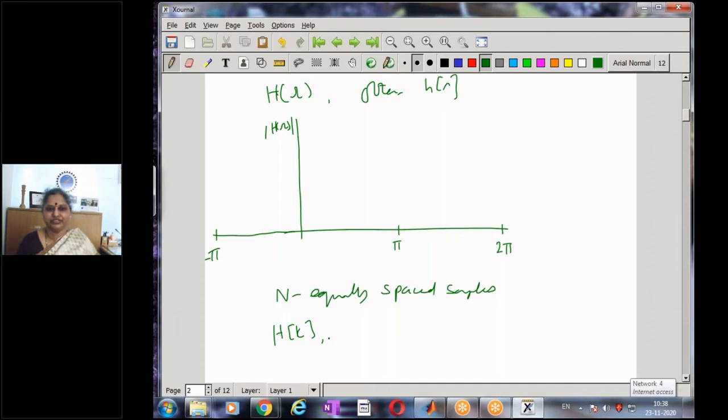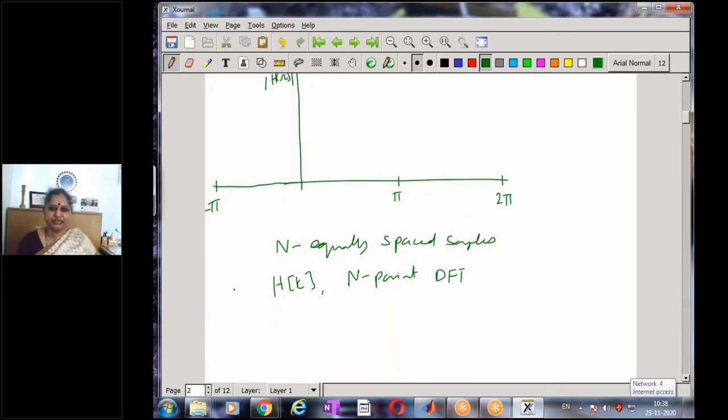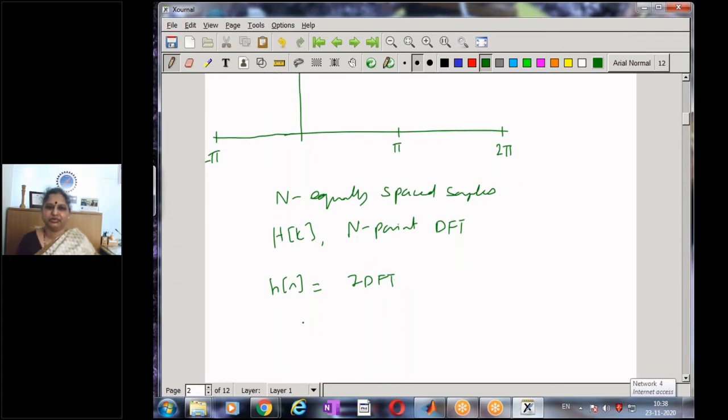We can recognize H(k) as the N-point DFT. We know that the N-point DFT is nothing but N equally spaced samples from the periodic frequency spectrum in the interval 0 to 2 pi. Since I have my N-point DFT and my aim is to get the impulse response h(n), the process is just to compute the N-point IDFT from H(k).